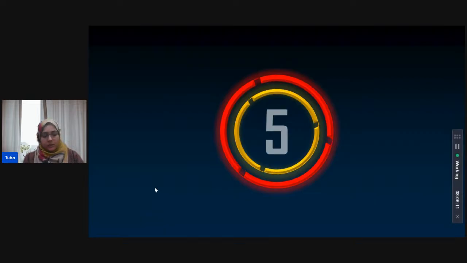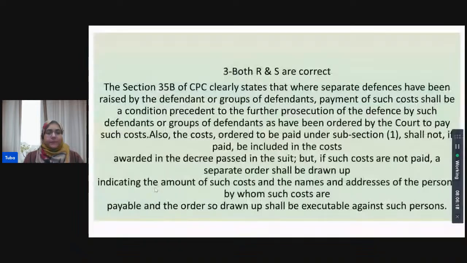All right, I'll start the timer now. Both R and S are correct. If we go through Section 35B, it states that both statements are included within it. Both are correct.